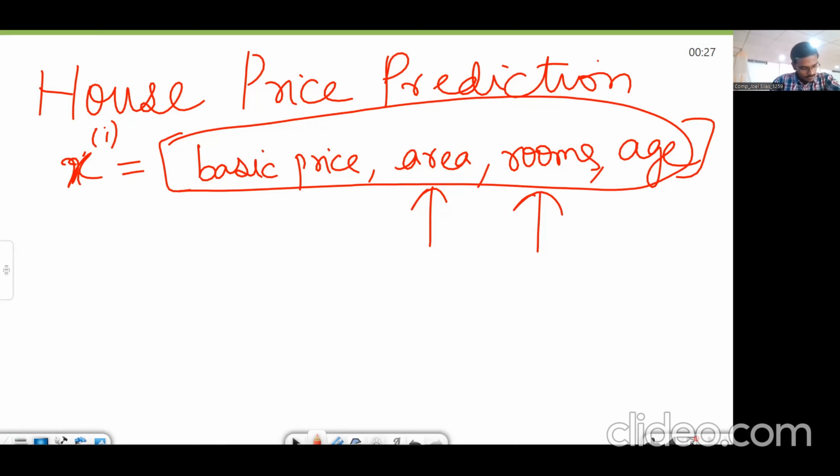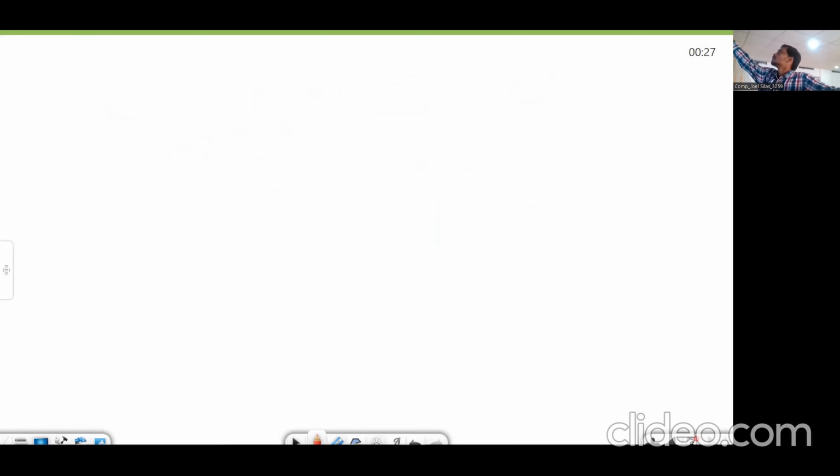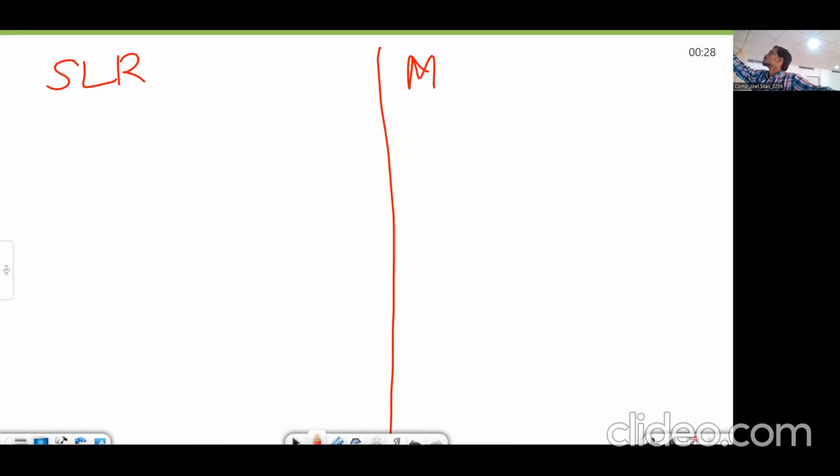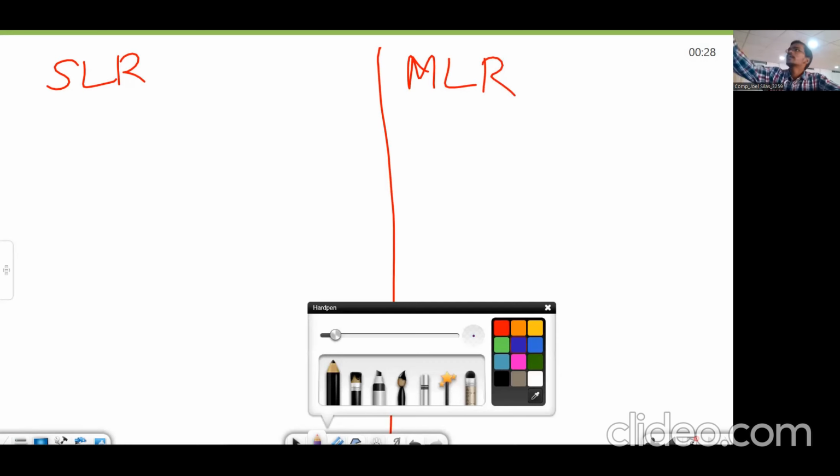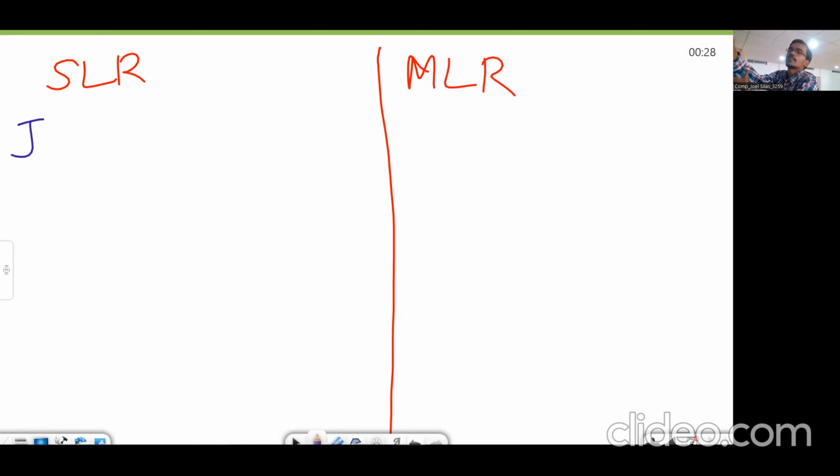Okay, now let us see the cost function. For simple linear regression, we had the cost function J, which was a function of theta 0 and theta 1.